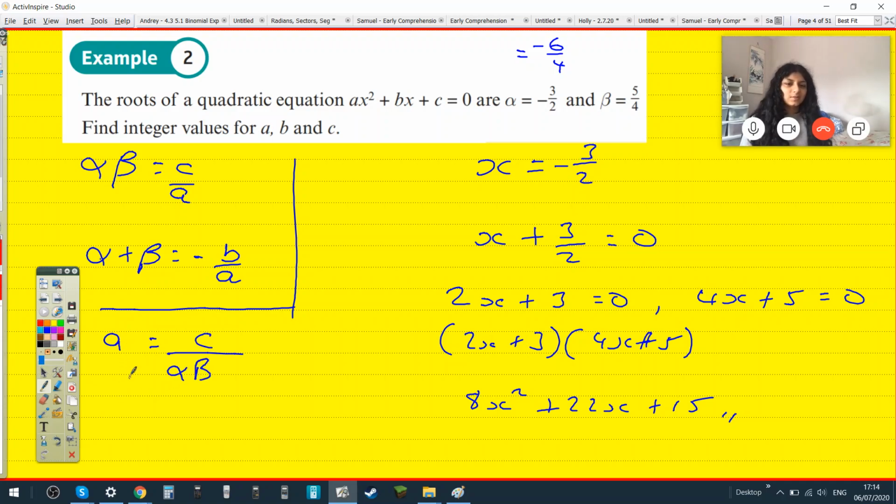And then you could substitute in the second one. So it would be minus B over C over alpha beta. And I'll just do it as divided by beta, it's easier.